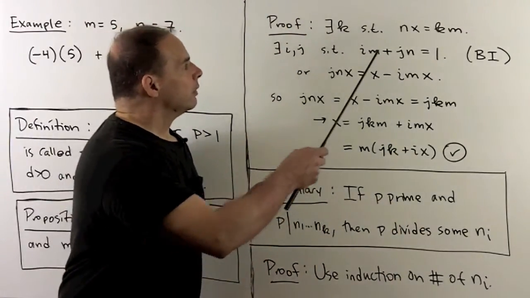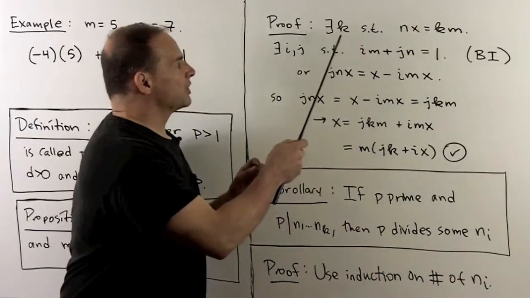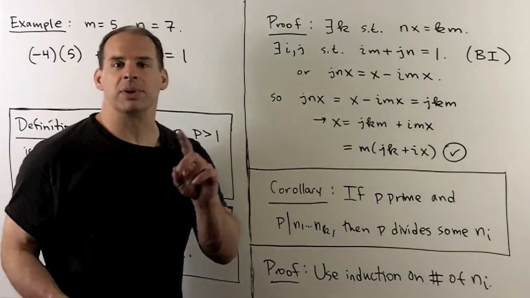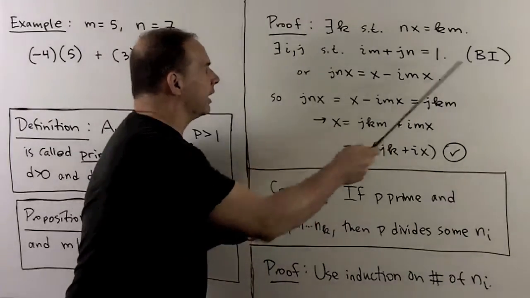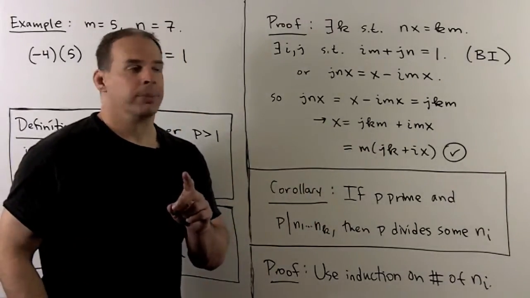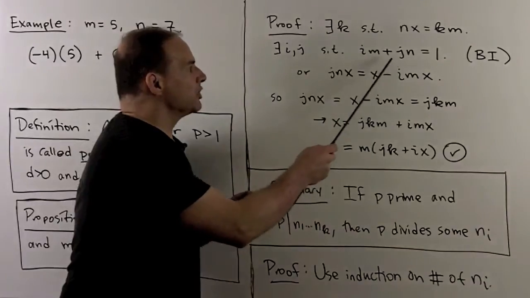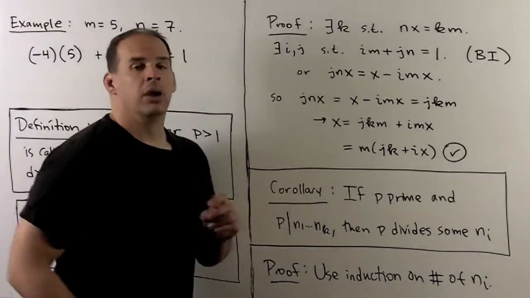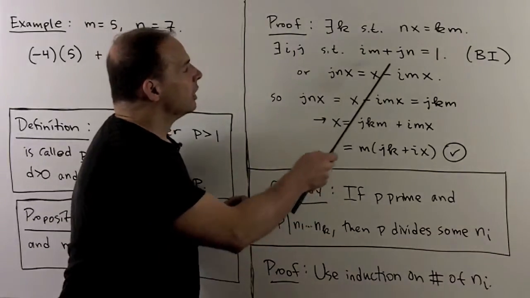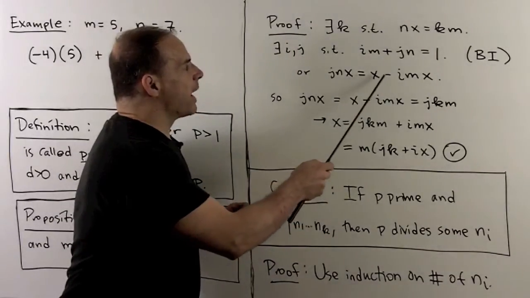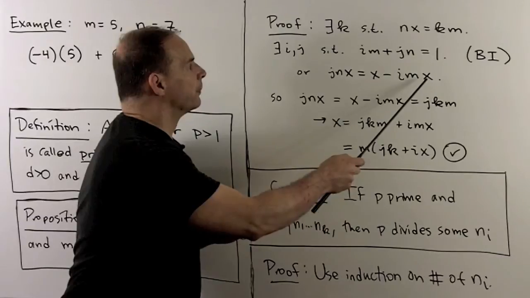Because of the division, there exists some k such that n times x is equal to k times m. Using our identity, there exist i and j such that i times m plus j times n is equal to 1. We'll multiply through by x and then put everything on the other side. So I'll have that jnx is equal to x minus imx.